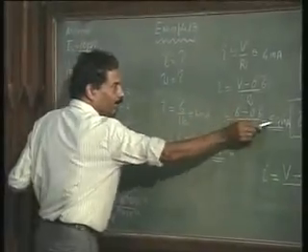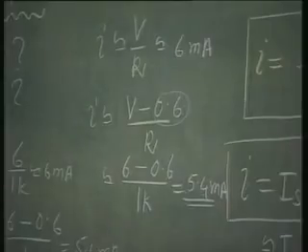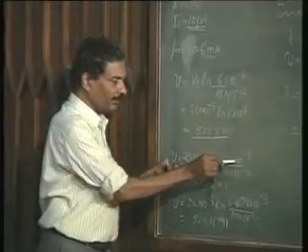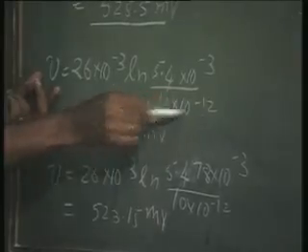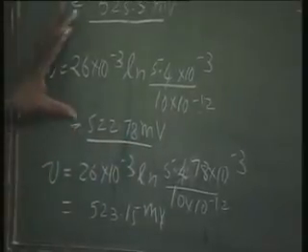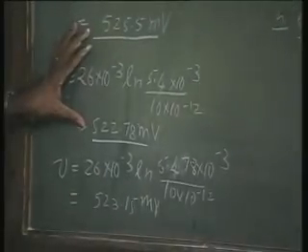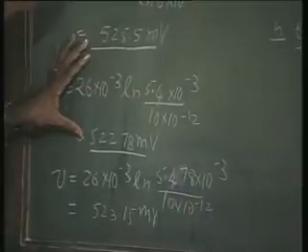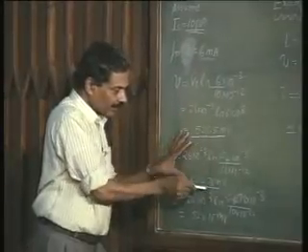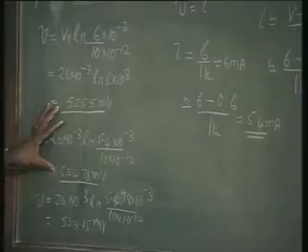Assuming that I is 5.4 milliamperes instead of 6 milliamperes, which is a better approximation, we can say that V is Vt, which is 26 millivolts, log of 5.4 milliamperes divided by 10 picoamperes, which is coming out to be 522.78, which is pretty close to the voltage that we have already evaluated, assuming that it is 6 milliamperes. So, whether we take it as 6 milliamperes or 5.4 milliamperes, we see that the results are pretty close to one another. One is 525.5 and another is 522.78.